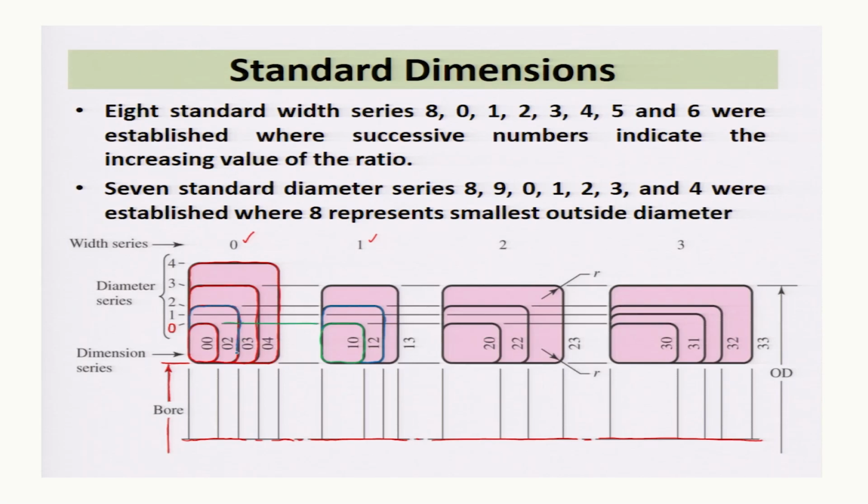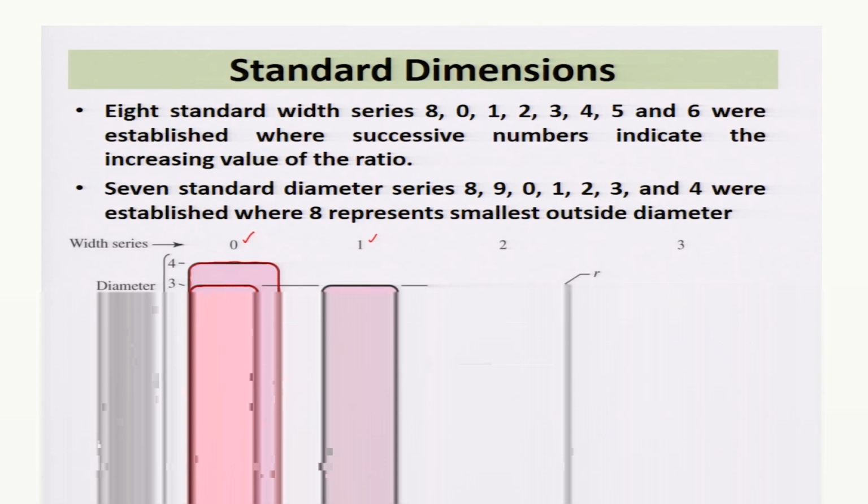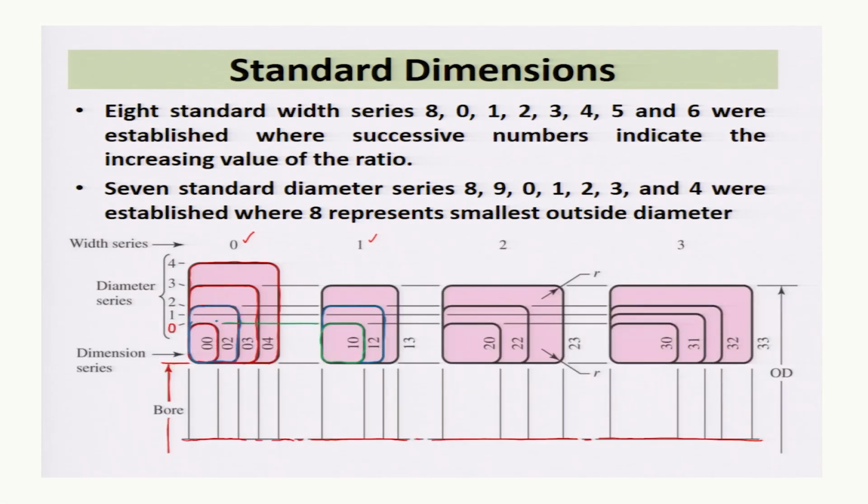Outside diameter is the same because the diameter series is the same, here the width is smaller, but here the width is more. The same thing is illustrated for other width series and diameter series. 2 2, where the diameter is again the same, this 2, but the width is now series 2.